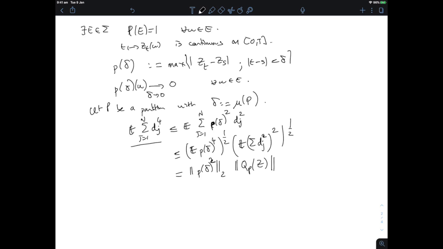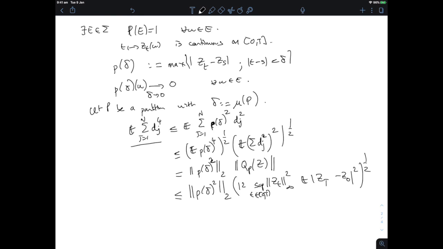Okay, but we have this control for QPZ, so this entire thing is smaller than P delta squared in L2 norm times 12 times the supremum of the Z_T infinity raised to the power 2, and then times the expectation of Z_T minus Z_0 squared, and all of this has to be raised to the power 1/2.